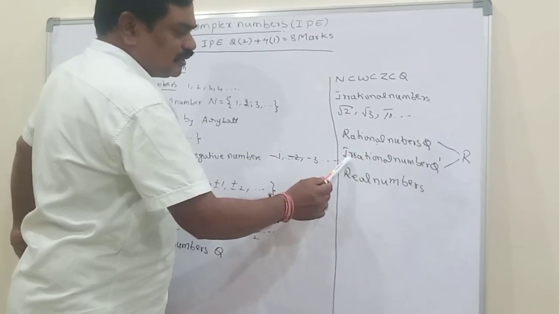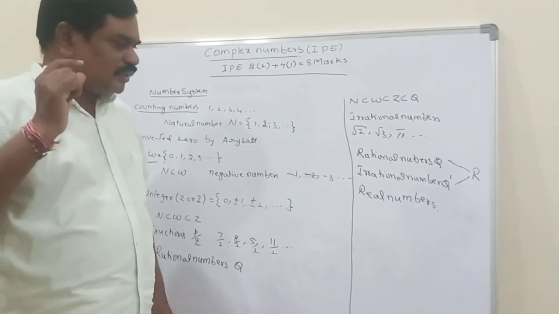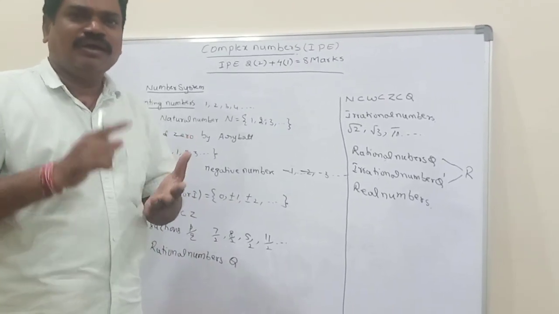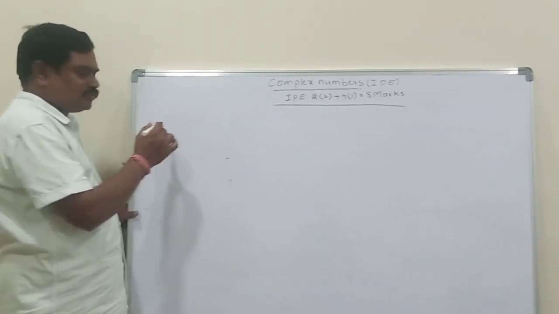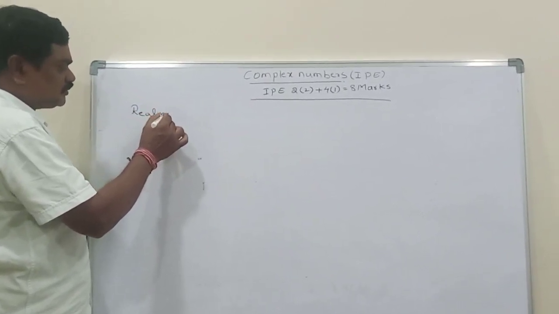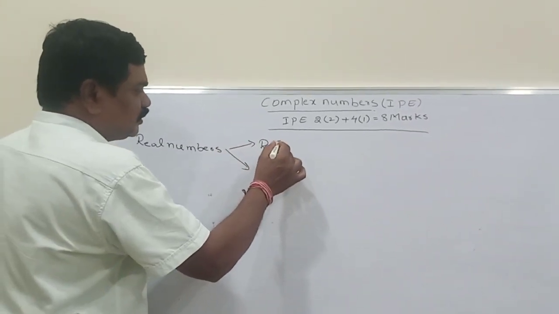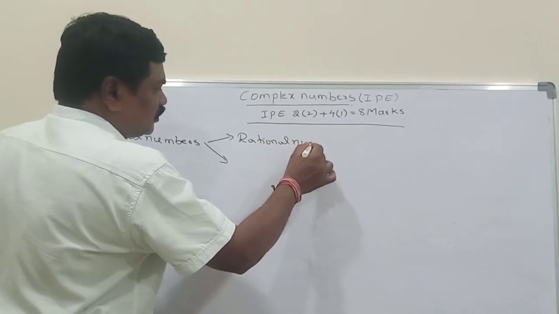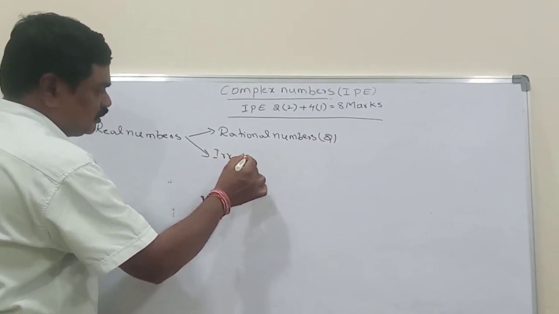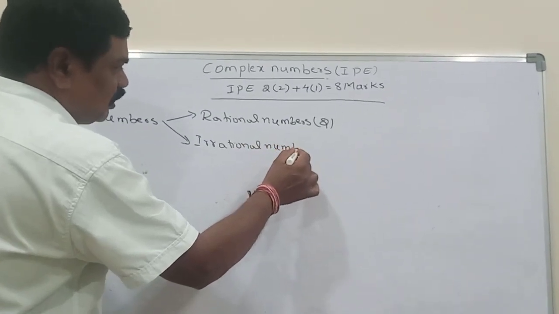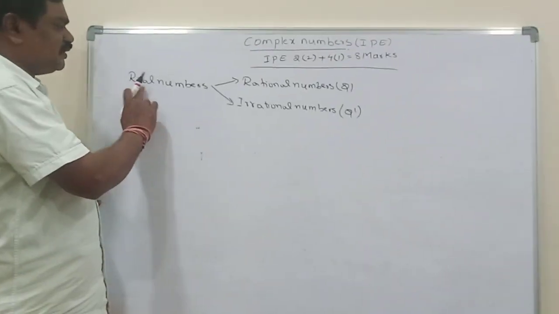Rational numbers are Q, irrational numbers are Q dash, and together they are R. Real numbers mean rational numbers and irrational numbers. These are the real numbers.